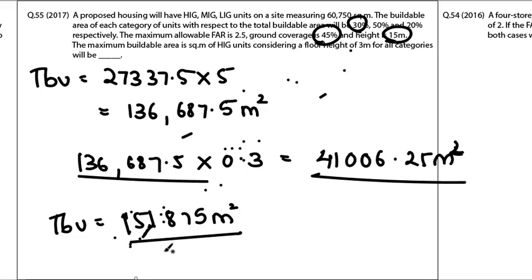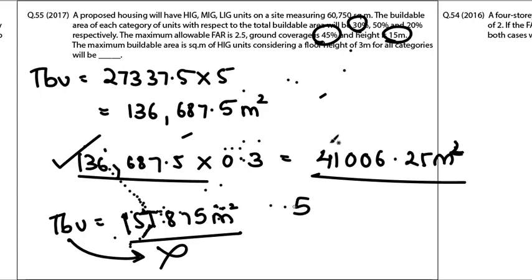So you cannot construct this amount of total built up area, so you have to go with this. Even if the FAR is high, since the building height is limited, it's only up to 5 floors. So this will be the total built up area and this will be the area which is for HIG.